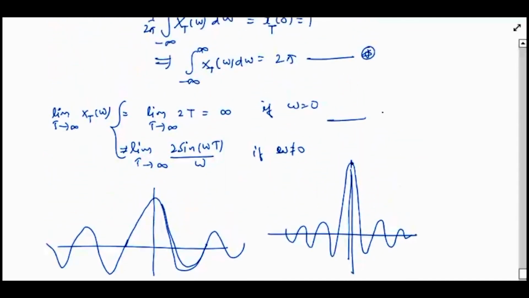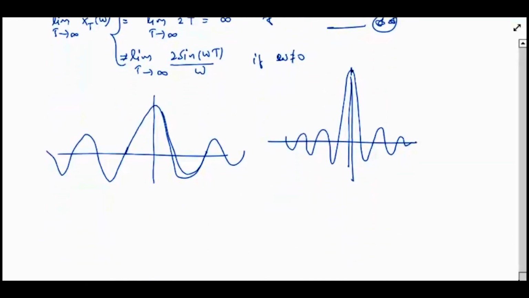We can imagine that this picture along with these two properties, namely star and double star, will imply that as we increase T to infinity, this x_T(omega) converges to the Dirac delta function.